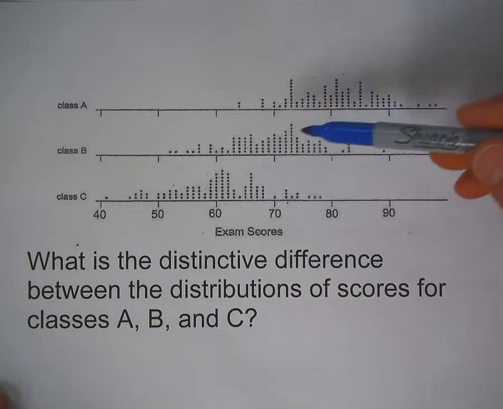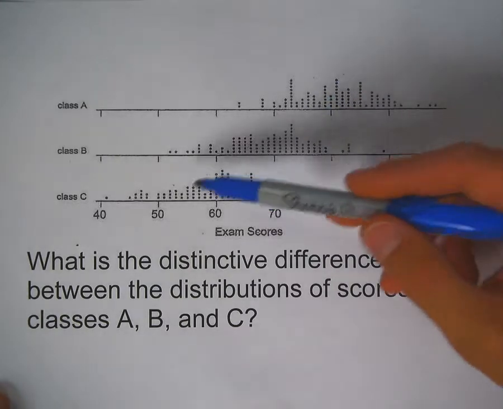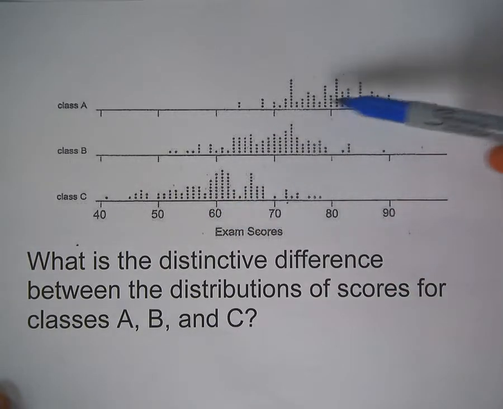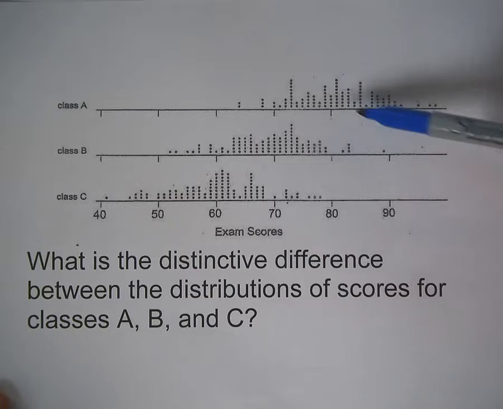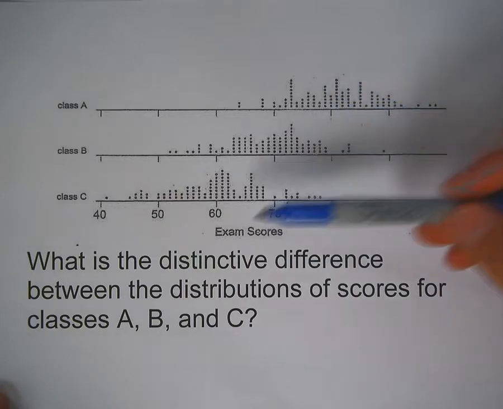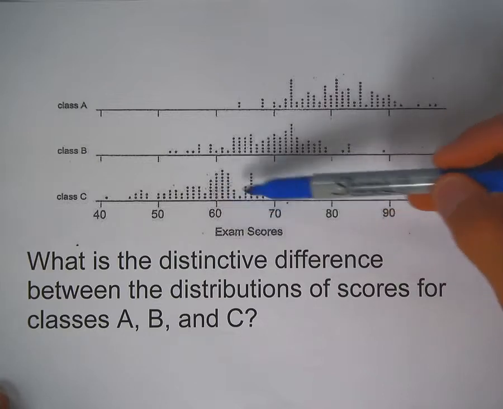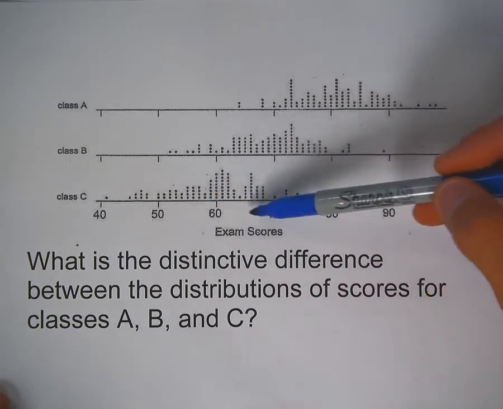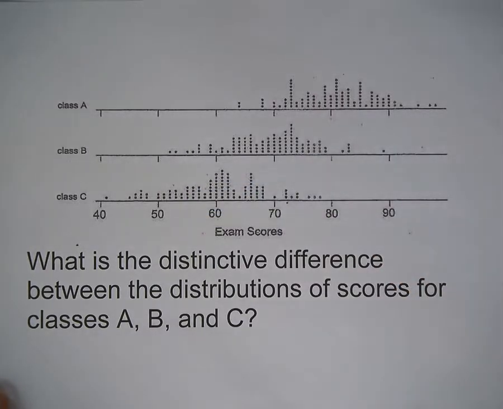Class A is centered at a much larger value than, say, Class C. In Class A, a lot of people were clustered in the 75 to 85 range, whereas down here, most of the students were clustered around maybe 55 to 65.